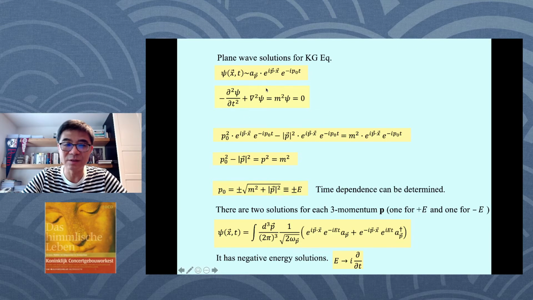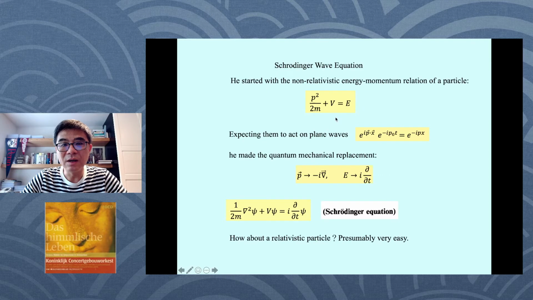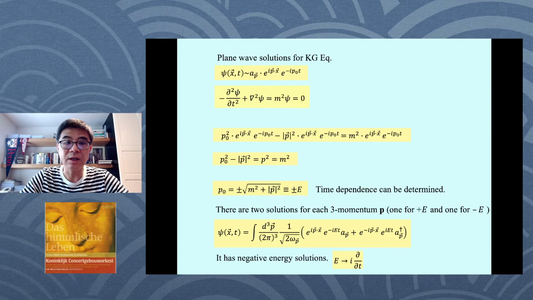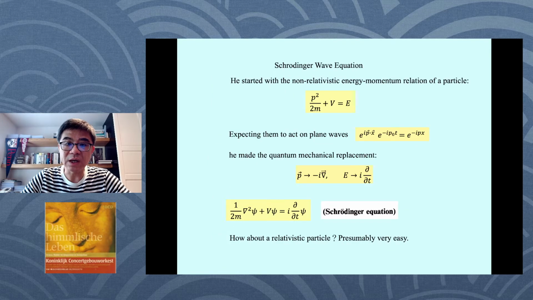Okay, and then he turns back to the non-relativistic energy-momentum relation. But for this Schrödinger equation, you have already learned in quantum mechanics, there's no negative energy solution, because if you do the same thing as I did here by plugging in the plane wave, then you get a relation p0 equal to V plus p squared over 2m.